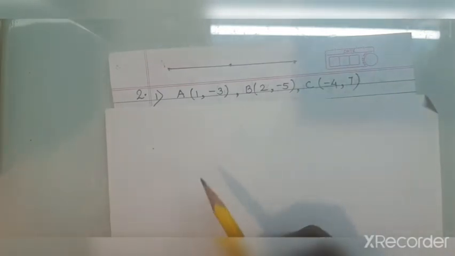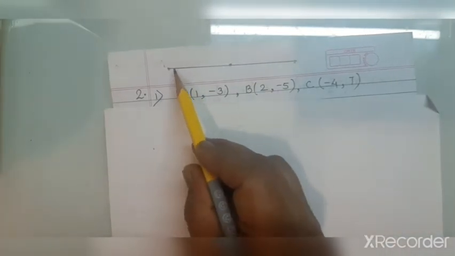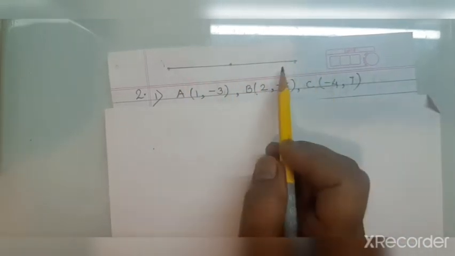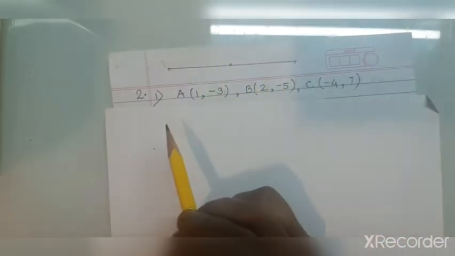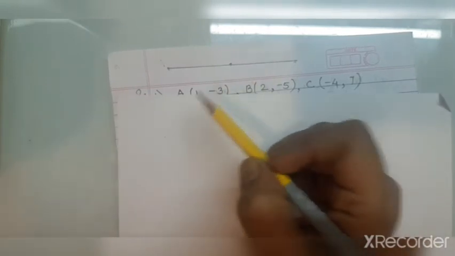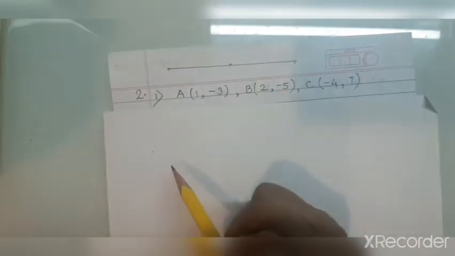I hope you all are understanding. As we solve, you all will come to know what I am talking about. So here we cannot write for now where the placement of points A, B, C is. Only thing, first we have to find their distances. So once we get their distances, then we will see whether the addition of any 2 distances is equal to the third distance.